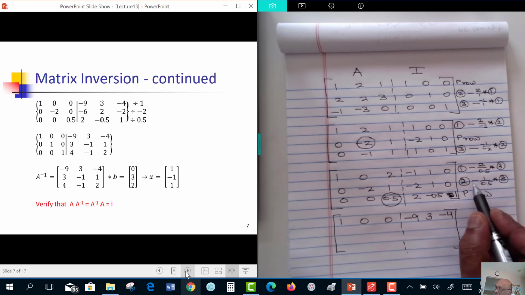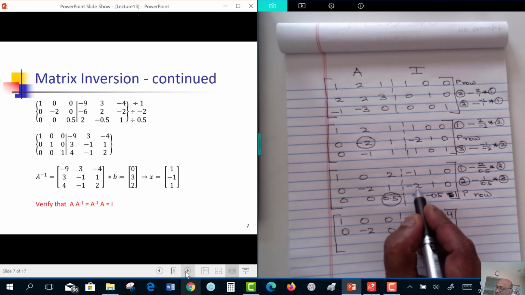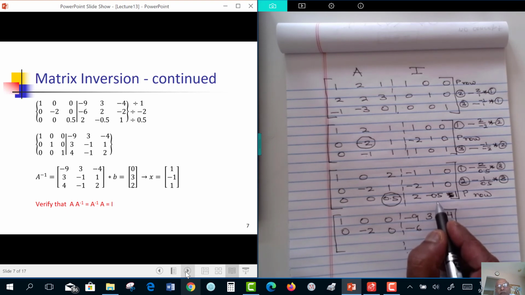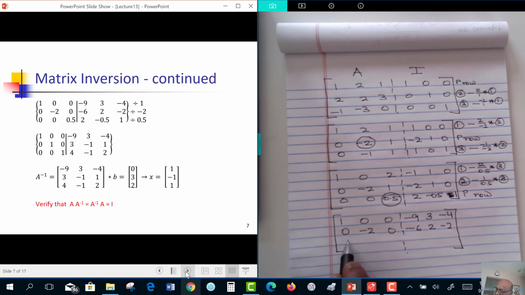Second row, we are going to subtract twice the third row. So we get 0, twice the third row, minus 2, twice the third row, 0, twice the third row, minus 6, twice the third row, and twice the third row. Third row remains unchanged.